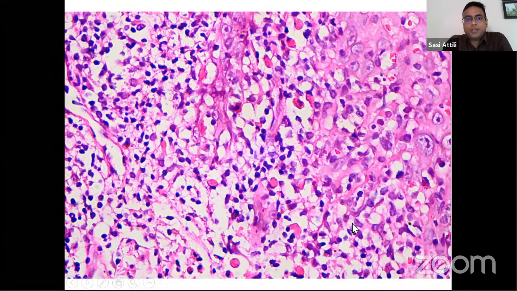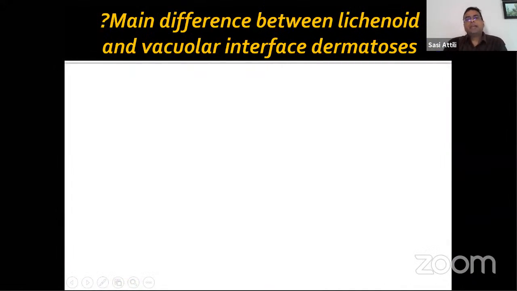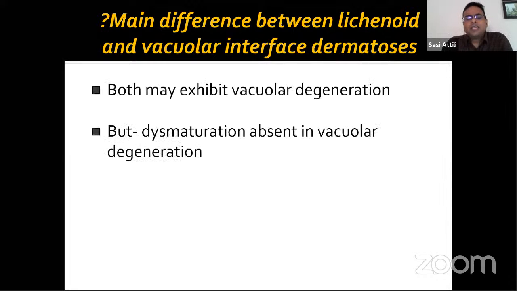All right. So what is the main difference between lichenoid and vacuolar interface dermatoses? First of all, as I said, there's not much of a difference. But having said that, the so-called filamentous degeneration or dysmaturation is usually seen in the cell-rich interface dermatoses. Though both may exhibit vacuolar degeneration, this dysmaturation is usually absent in purely vacuolar interface dermatosis, particularly in dermatoses which have mild inflammation.